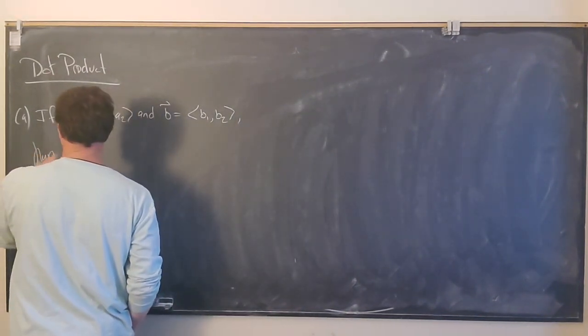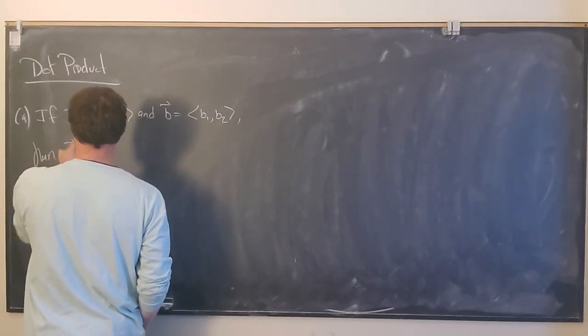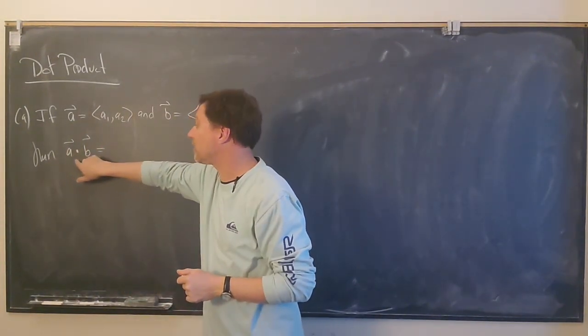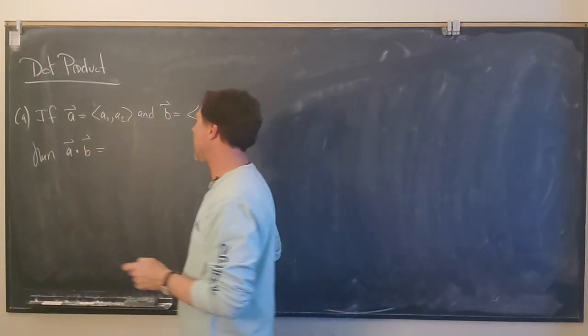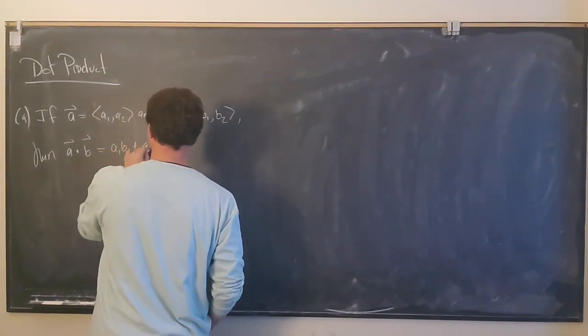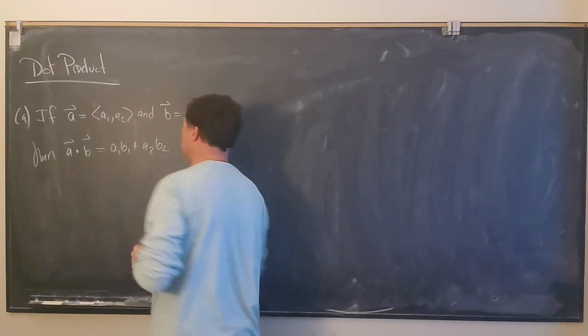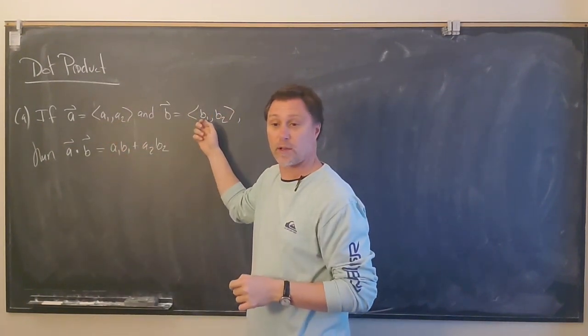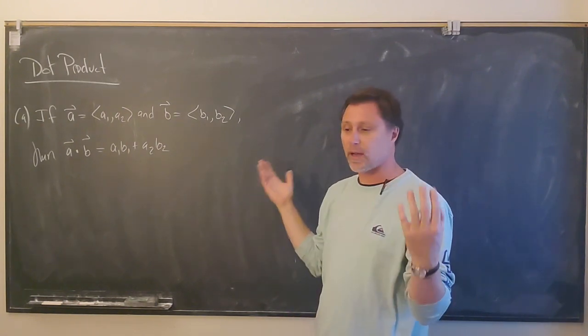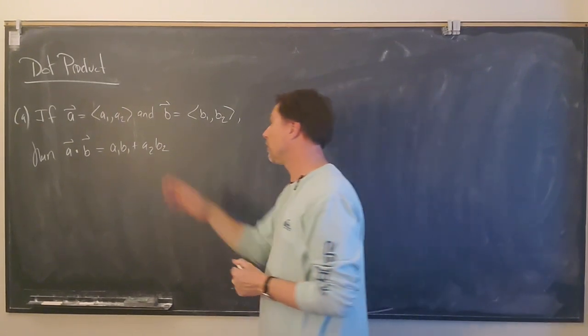Then A dot B, here's how we compute this. Here we put a little dot. This is called the dot product. A dot B is obtained by doing A1 times B1 plus A2 times B2. So you multiply the first entries of the vector, multiply the second entries of the vector, and add the results together. Very easy to compute. That's called the dot product of the vectors A and B.